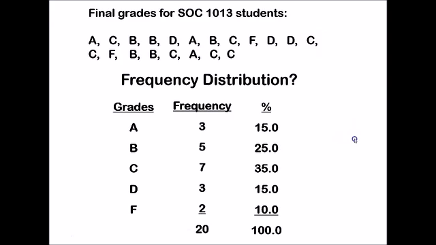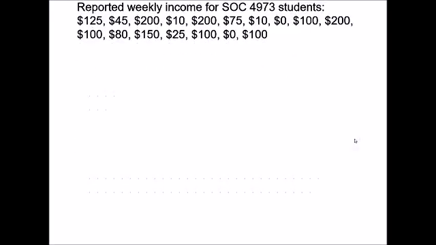Let's look at another example of frequency distributions, and let's take the reported weekly income last semester for my Sociology 4973 students. And so we have these various money amounts reported by my students. And so first of all, we would of course list the precise income amounts. So we find that we have, of course, 2 students actually making no income.